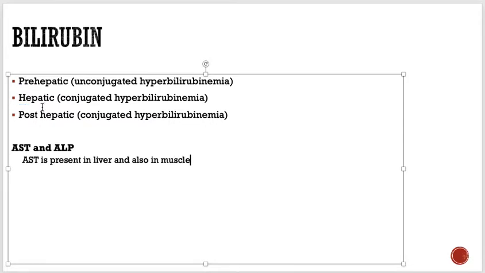You understand? So that's why AST and ALP are not specific to the liver or liver damage.